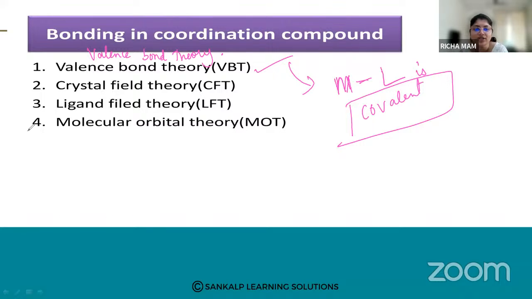Covalent bond is what? Mutual sharing of electrons takes place, right? Yes, very good. Yamuna has answered. So mutual sharing of electrons.